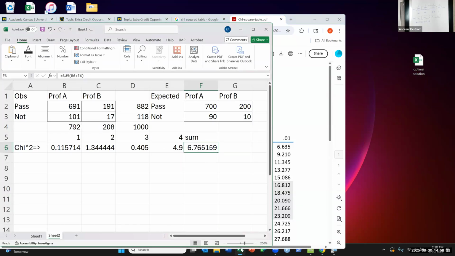That's now below. So we'd say at the 95% confidence level, we do not have enough data to suggest there is a statistically significant difference between what we observed and what we expected.